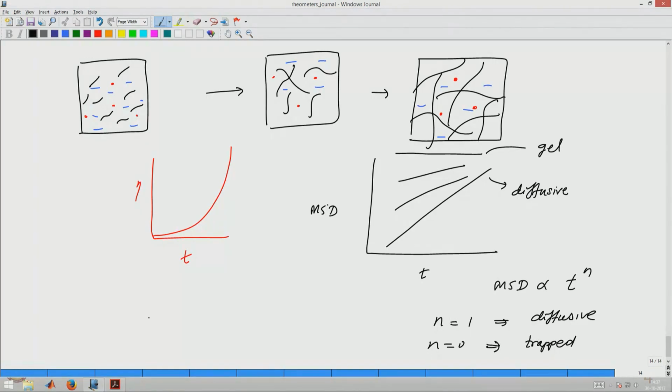In between, whenever n is less than 1 but greater than 0, we have what is called subdiffusive motion. So, by characterizing this n we can find out how the properties of the fluid are changing, or how viscoelasticity is developing in the material.